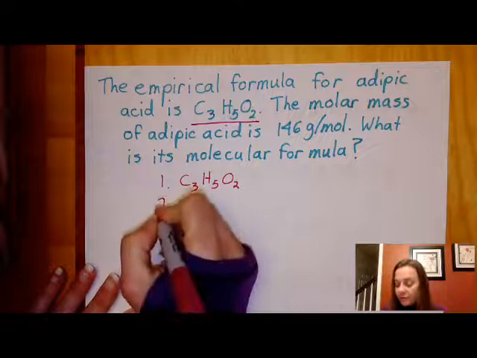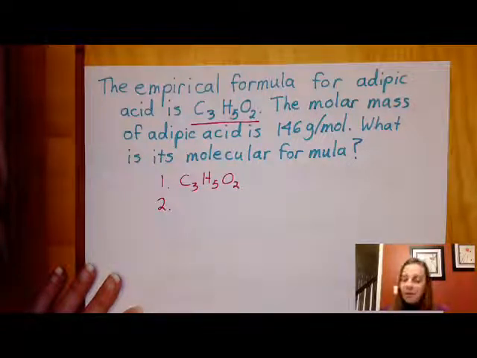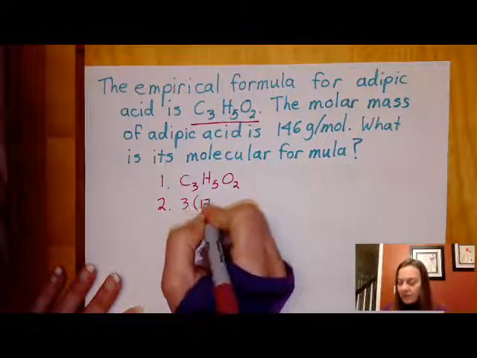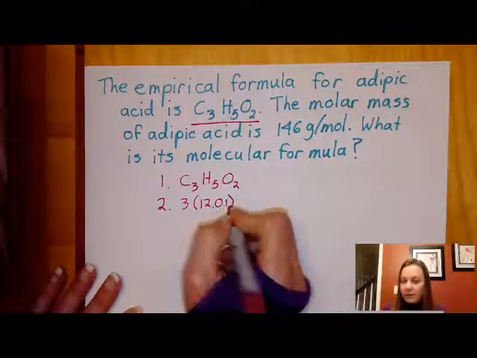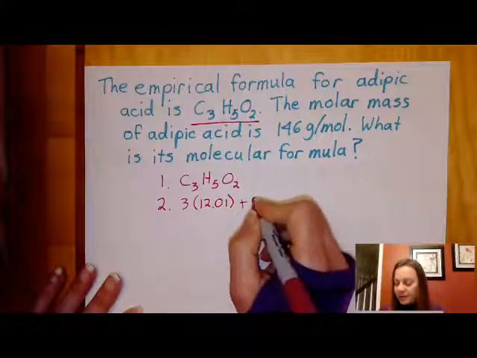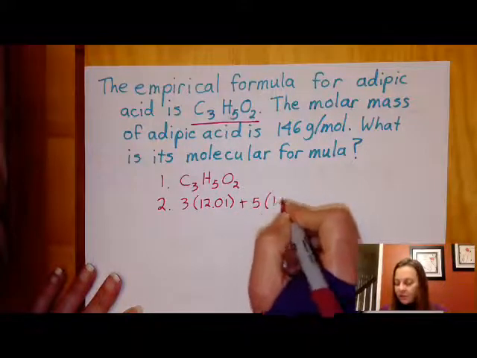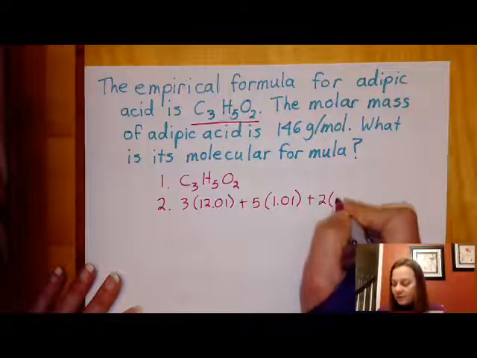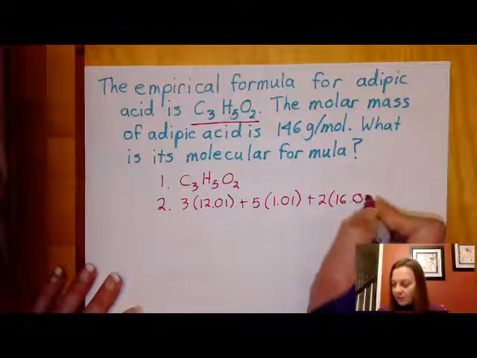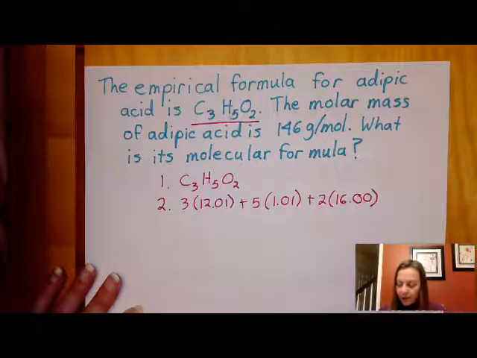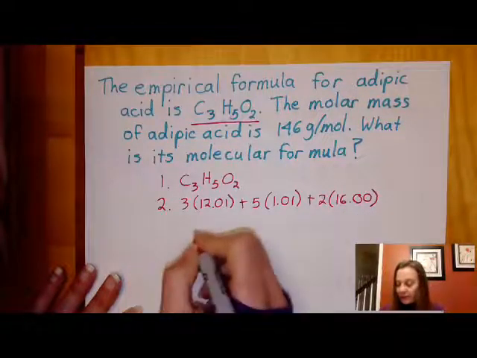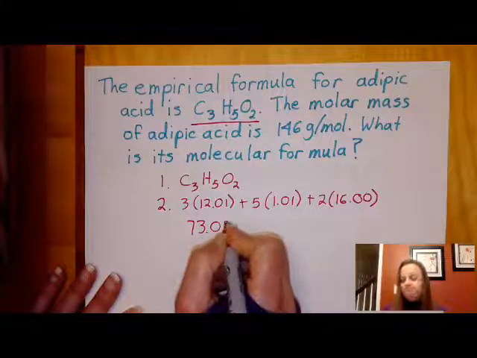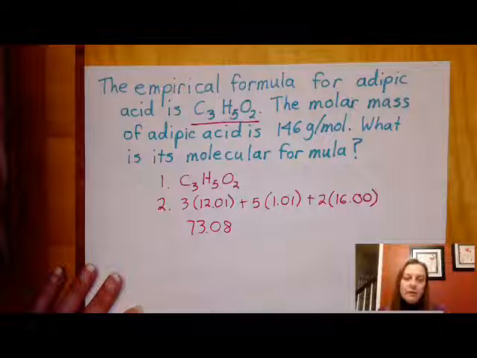So for step 2, we have to find the empirical mass. So we're going to do 3 times the mass of carbon, 12.01, plus 5 times the mass of hydrogen, which is 1.01, plus 2 times the mass of oxygen, which is 16.00, and we're going to get 73.08. So step 2 is done.